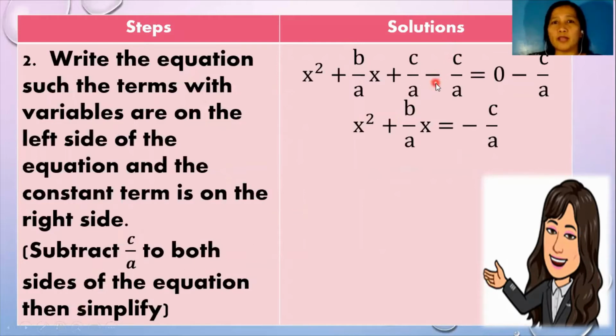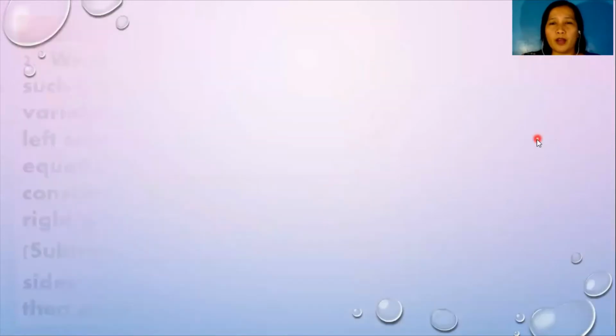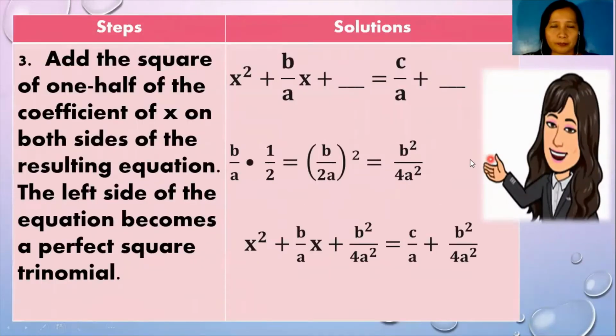So we will subtract this from the left side and also from the right side. So it becomes x squared plus b over a x is equal to negative c over a because we cancel this, it becomes 0. This becomes 0. So, this is our equation now.